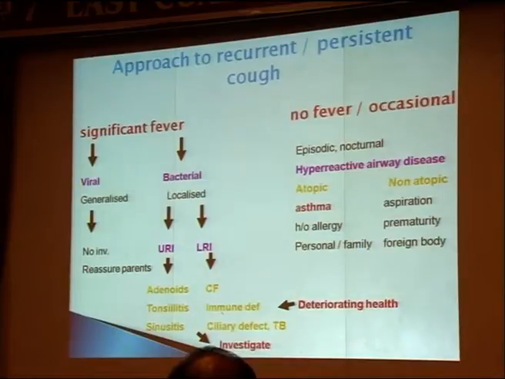So the message is that recurrent bacterial infections have to have an underlying cause, have to have a reason why there is recurrent bacterial infection. So we need to investigate, and this group where there is recurrent lower respiratory infection, their health will also deteriorate.